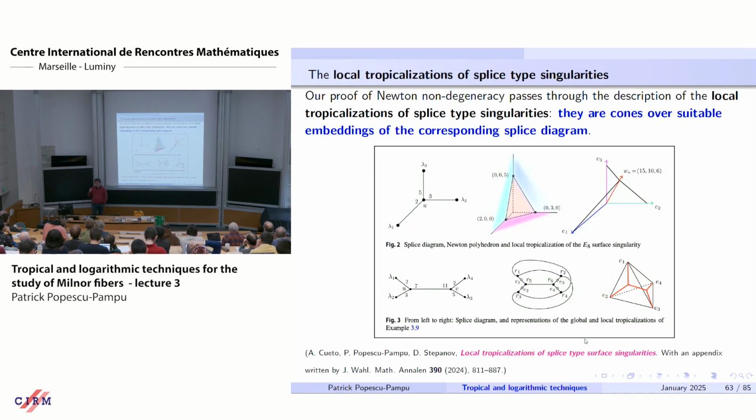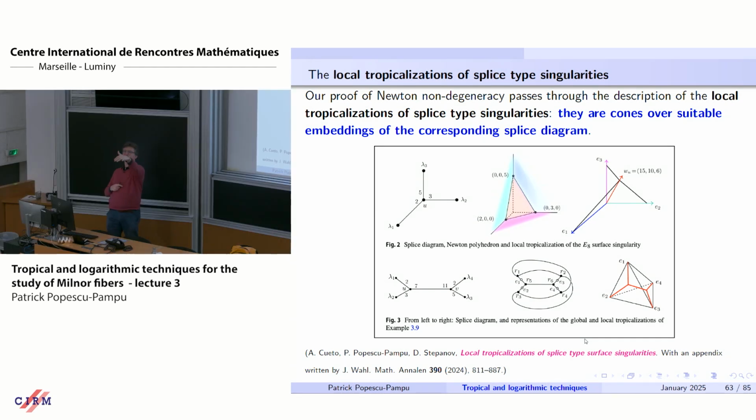And this is very nice. We show that the local tropicalization of a splice-type singularity, so please look here, say corresponding to the same diagram I showed before, is as here. In fact, we are in four-dimensional space, so we have a four-dimensional regular cone.